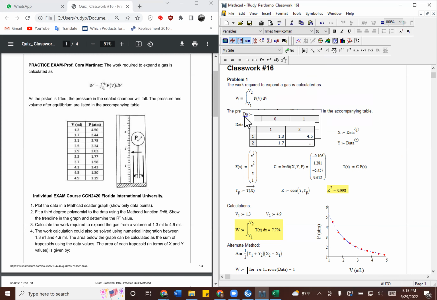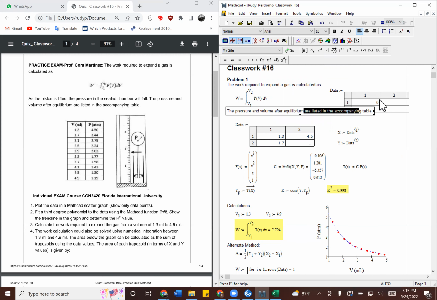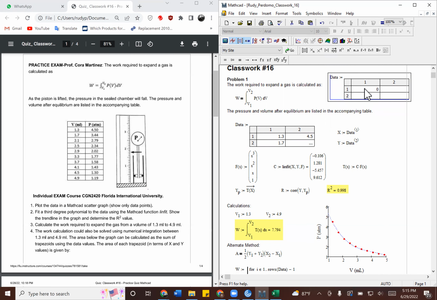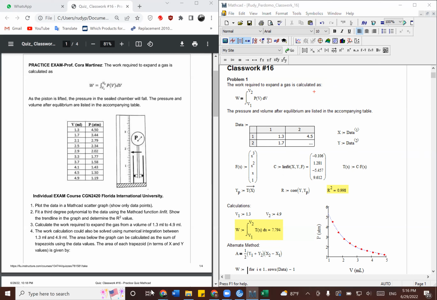And then on the first one, I'm gonna start, what's it called? 1.7, 2.1, 2.5, 2.9, 3.3, 3.7, 4.5. This one is 4.50. And 1.19.